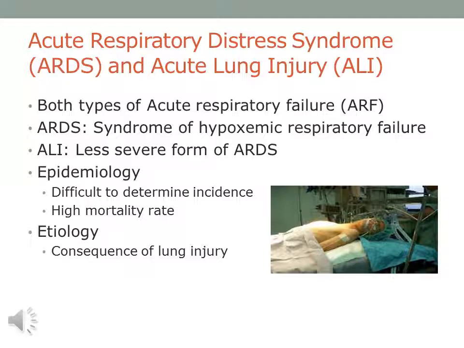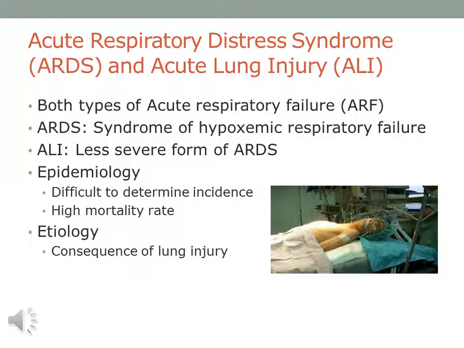When it comes to determining the epidemiology of ARDS versus ALI, it's kind of been difficult to determine the incidence. Because they're often categorized in the same area, it's hard to break down how many people actually have ALI versus actually have ARDS. Currently, we think that there's about 86 per 100,000 people per year for ALI and 64 per 100,000 per year for ARDS.